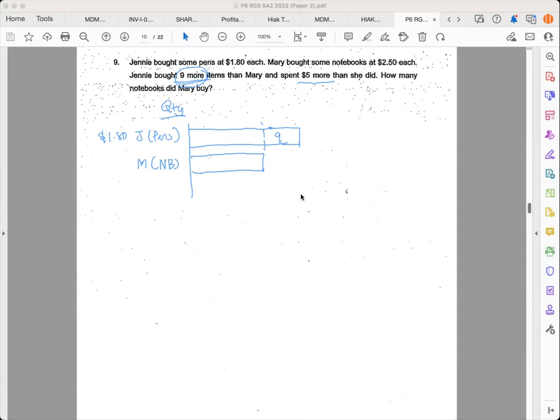Now let's look at the value model. Okay, so these 2 are Jenny and these 2 are Mary. Remember, Jenny only bought pens. The statement says Jenny spent $5 more than Mary.